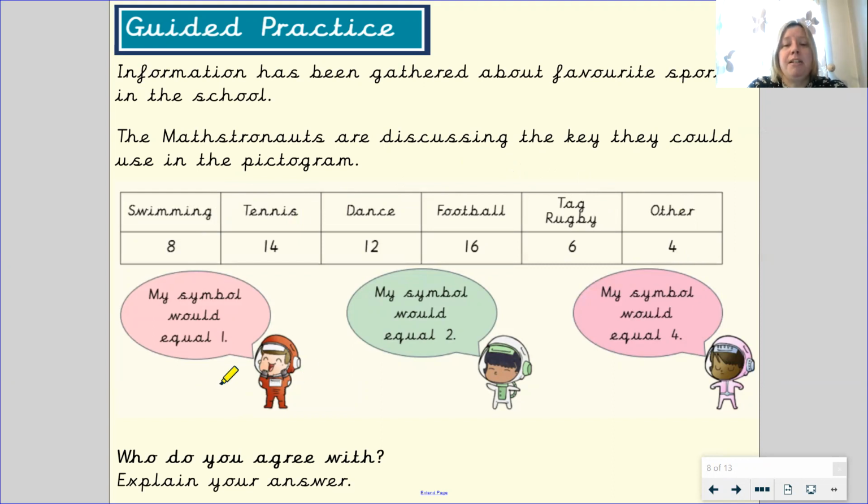So let's see what our astronauts have to say. Red astronaut says, my symbol would equal 1. Our green astronaut says, my symbol would equal 2. And our pink astronaut says, my symbol would equal 4.